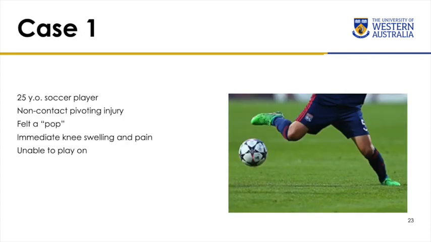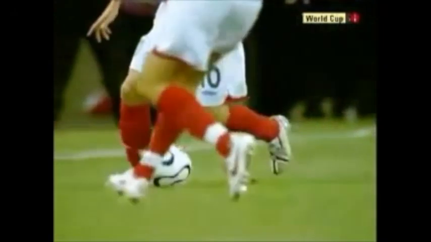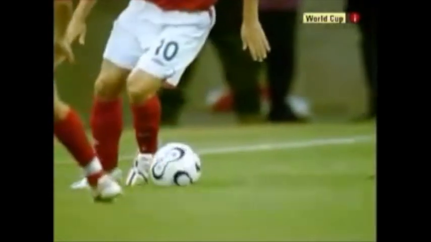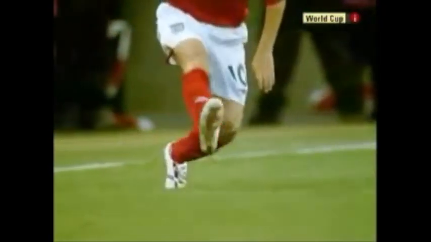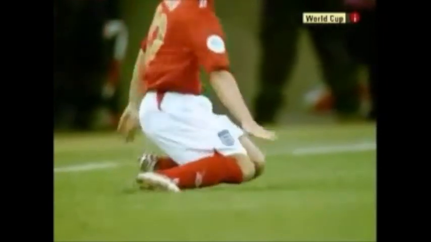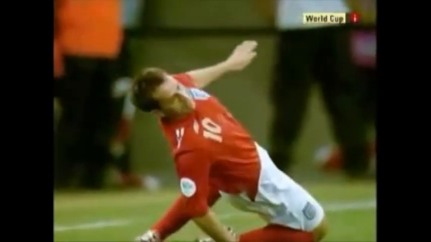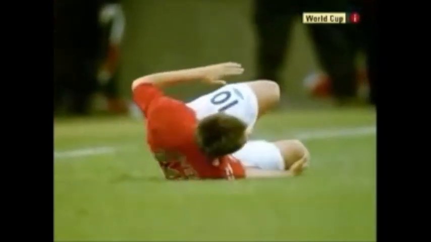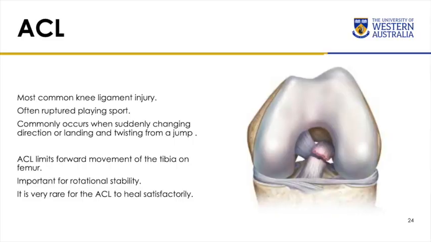And if we go back to our first case, this is the typical presentation of anterior cruciate ligament injury. You can see a ruptured ACL pictured here.